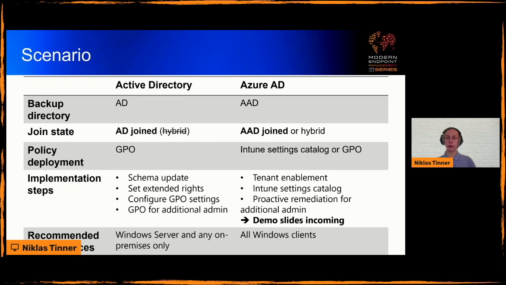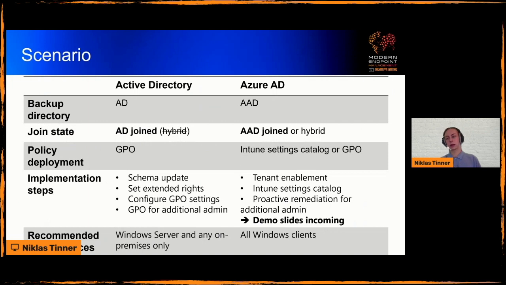Starting with the Active Directory scenario, we have obviously our backup directory only in AD. It's also an important note that your LAPS credentials can't be backed up to two directories at a time, so you need to specify for one device at a time, is it AD or is it Azure AD? But here in the AD scenario, it's clearly AD.